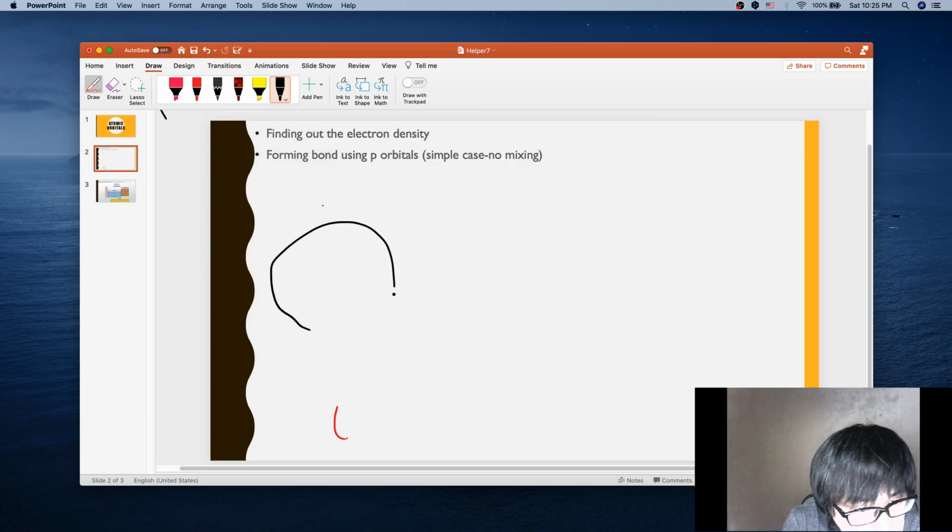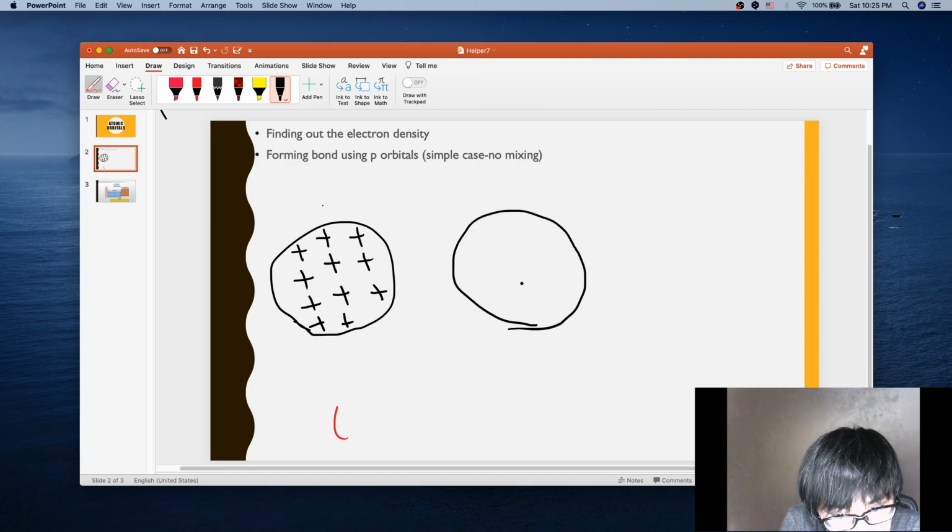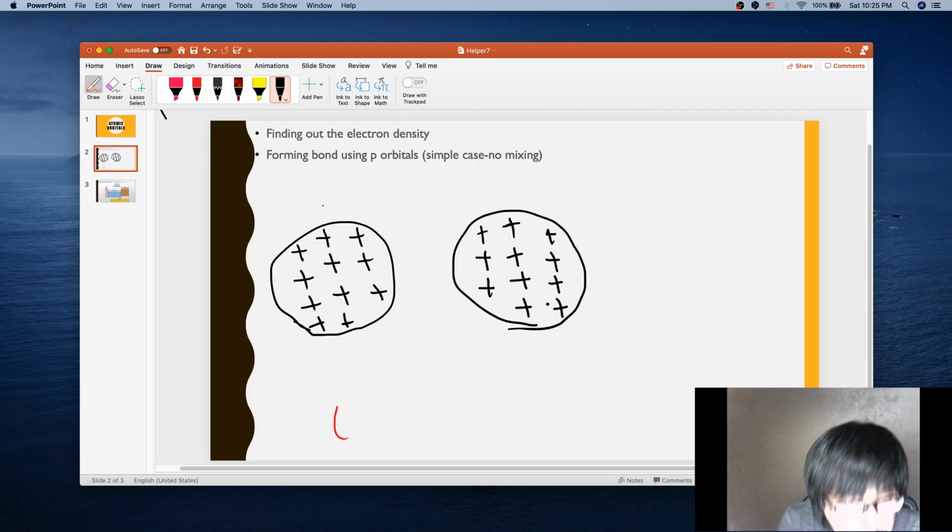So you have the 1s orbital with positive, and then the other hydrogen atom has another positive sign. So this is a positive and a positive phase on both hydrogen atoms.